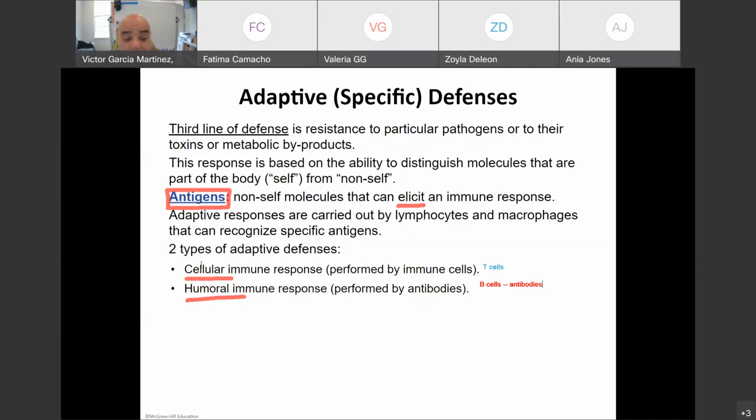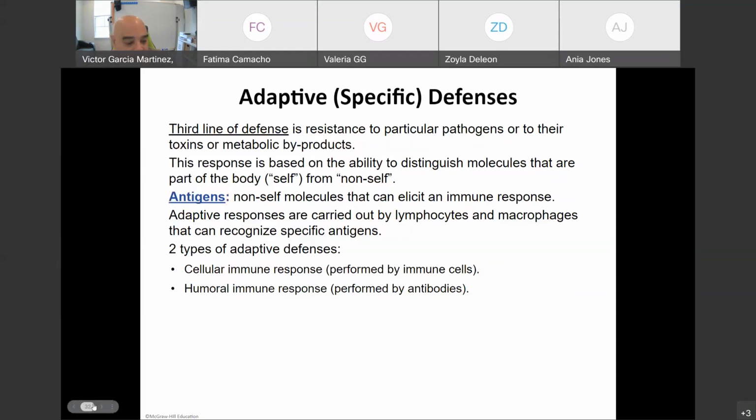We have a cellular response, and it's mediated by T cells. And we have another kind of response, which is humoral. Cellular is because of cells, and humoral is because of tissues. Then T cells, lymphocytes T, as in Texas, it's cellular response. And humoral or tissular immune response is mediated by B cells, lymphocytes B, and this is the creation of antibodies. These are the cells responsible for creation of antibodies.